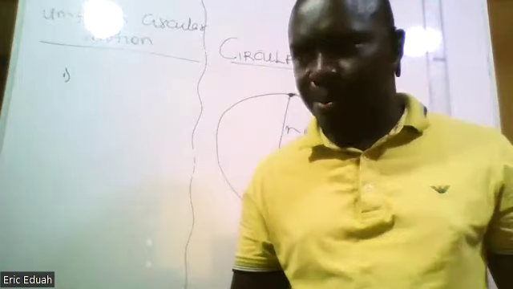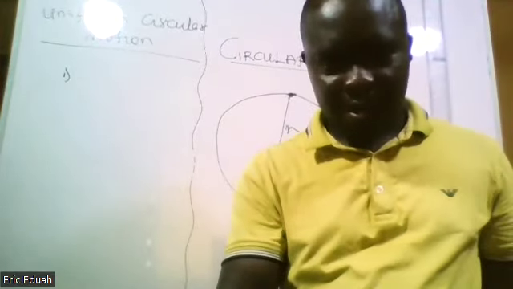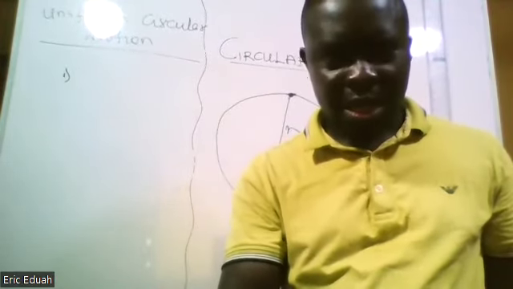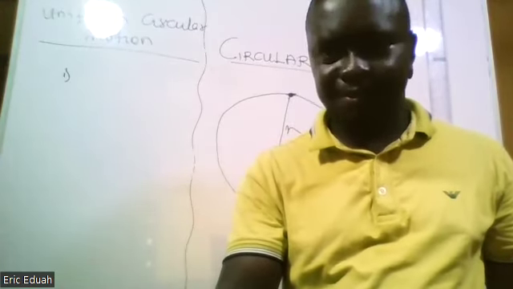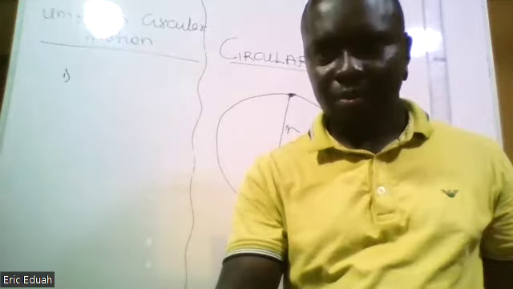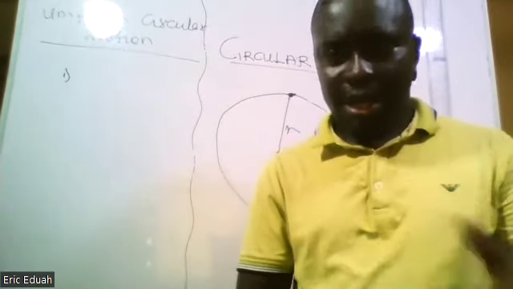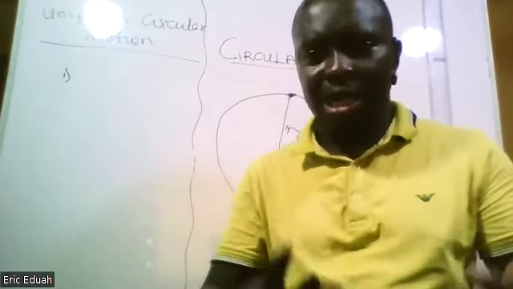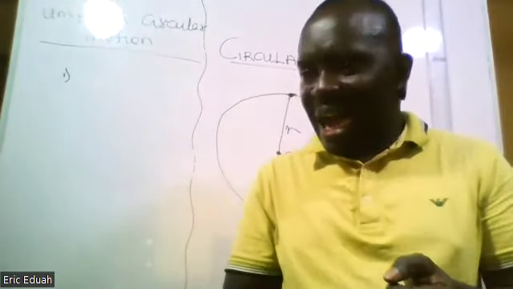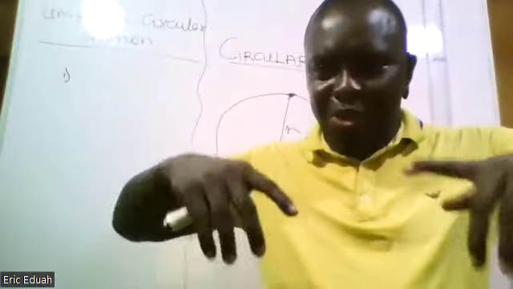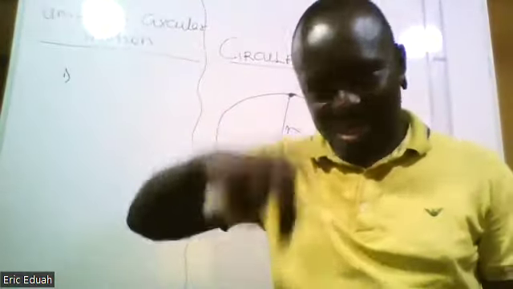Do we have more examples? Herbert, give me one. The moon orbiting around the earth. Yes. Don't also forget the motion of electrons around the nucleus.